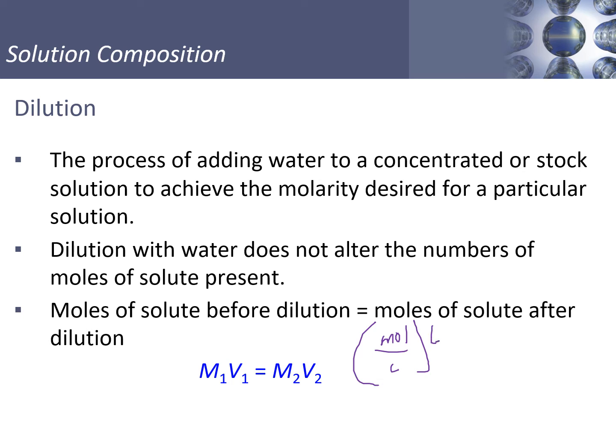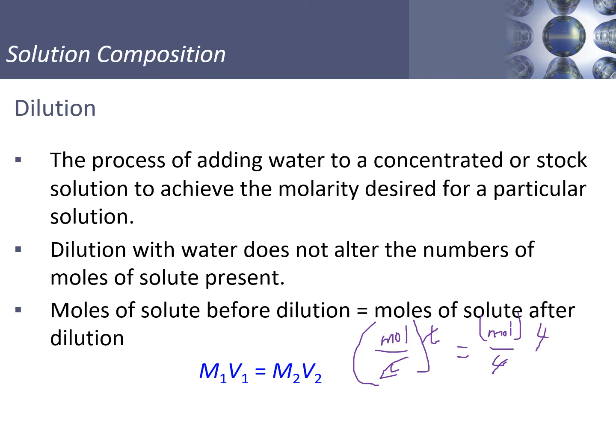So M1V1, we have our moles per liter times liter, and then we have our M2V2, which will be still moles per liter times liter. So those liters will cancel, and the moles will be the same. So what we're really trying to make sure is that the moles are equivalent before and after dilution.